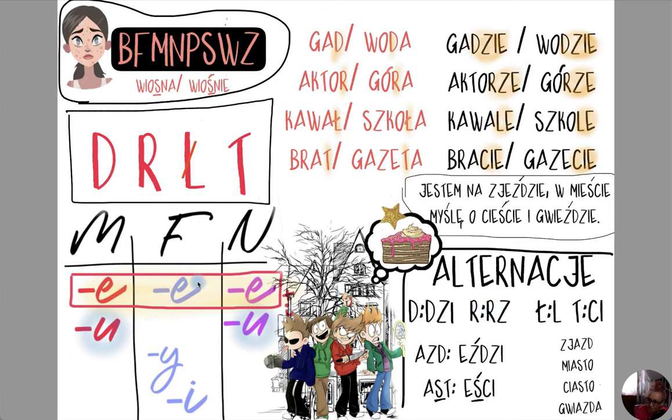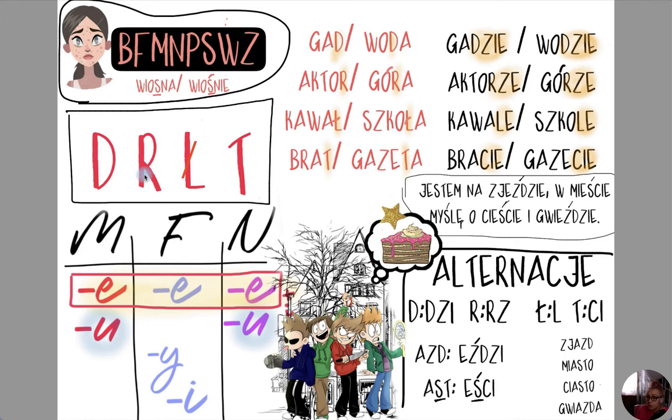Gad becomes gadzie, and woda, water, becomes wodzie. So that is the alternation and the ending that you need to remember. With the d letter, not just die, but d, z, i, e. Gadzie, wodzie.